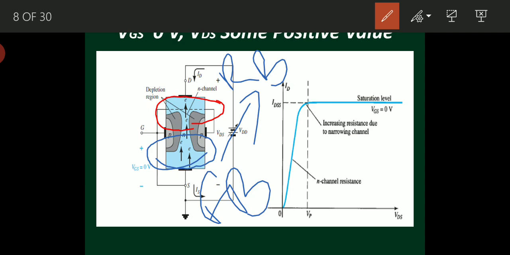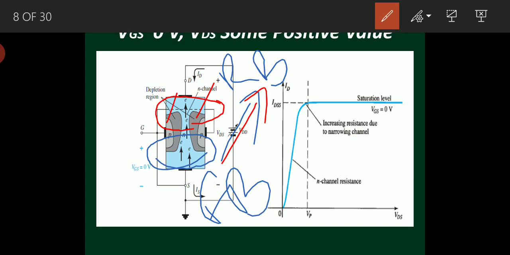The depletion region increases. When VDS is further increased, the two depletion regions near the drain terminal would touch, and this is known as the pinch off condition. If I increase this VDD much more, these two depletion regions will come very close, and literally they want to touch each other, but they won't touch.